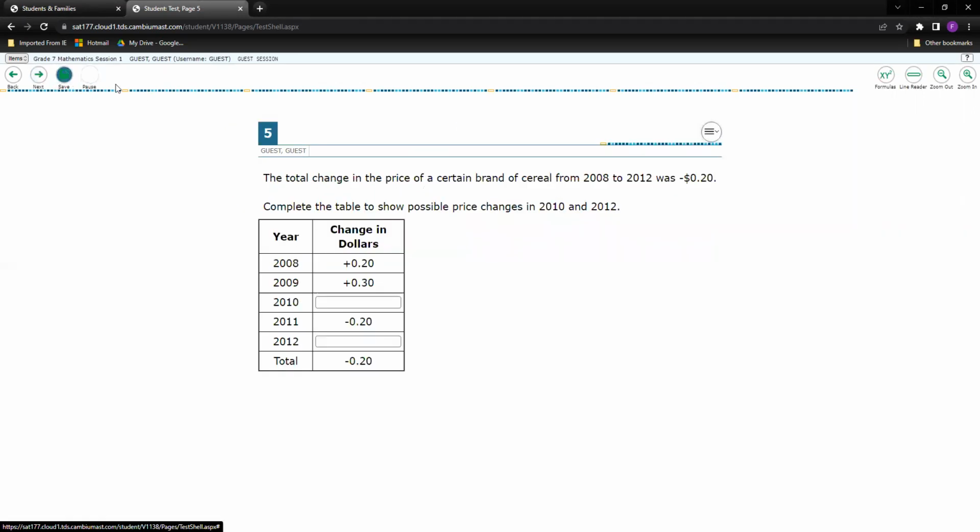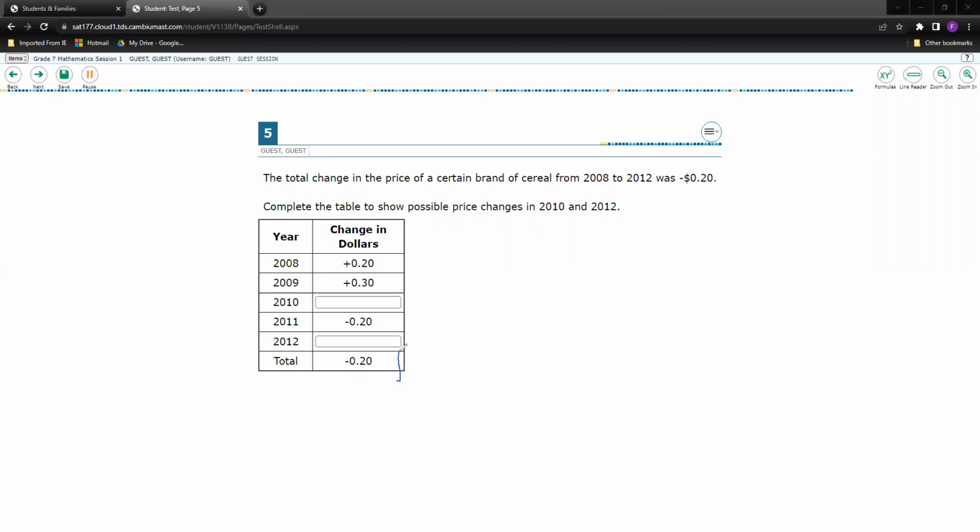In question number 5, this is telling me that I'm missing 2 prices, but that at the end, my answer was negative 0.20. Okay, so in 2008 was 20 cents. In 2009, 30 cents. So far we have 50 cents against, 50 cents to our favor, positive 0.50.